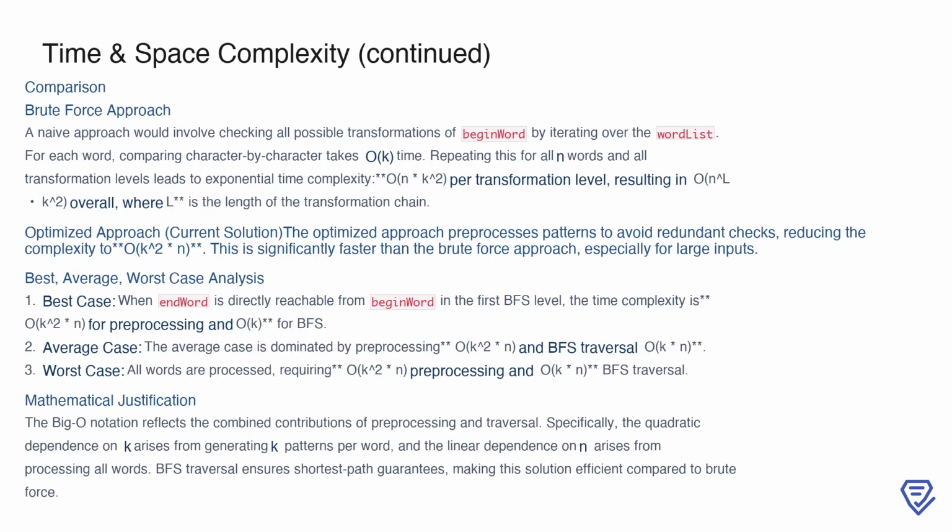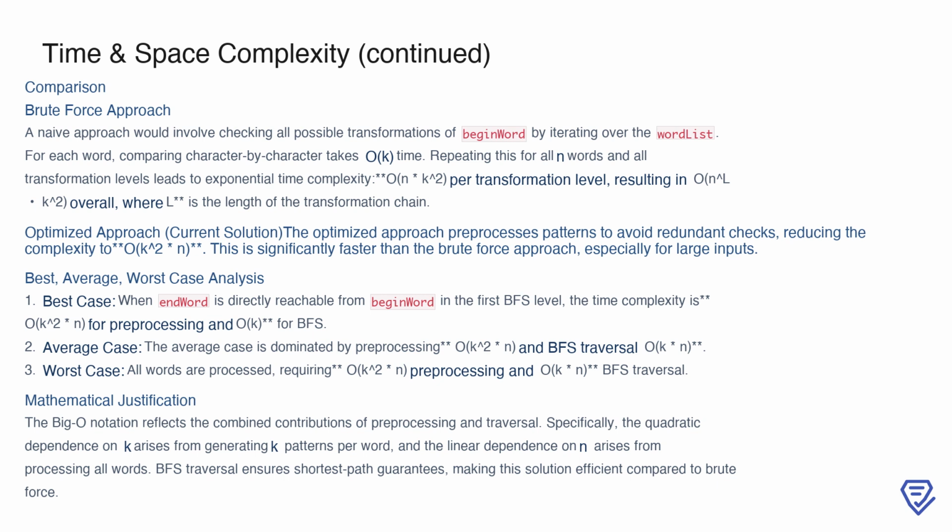Let's compare the optimized approach to a brute force solution. In a naive brute force method, we would check all possible transformations of the begin word by iterating over the entire word list. For each word, comparing character by character takes k time, and repeating this for all n words across all transformation levels leads to exponential time complexity, n*k² per transformation level.